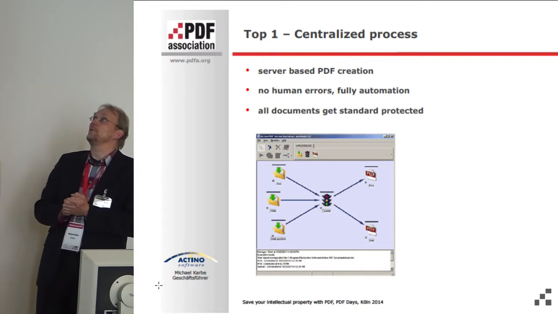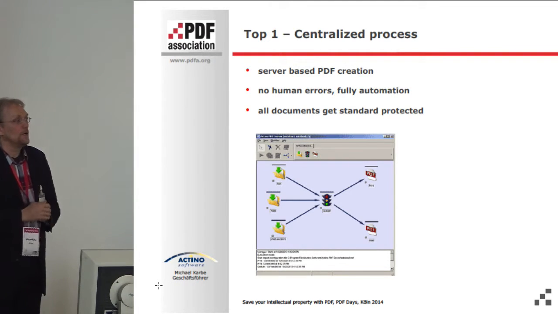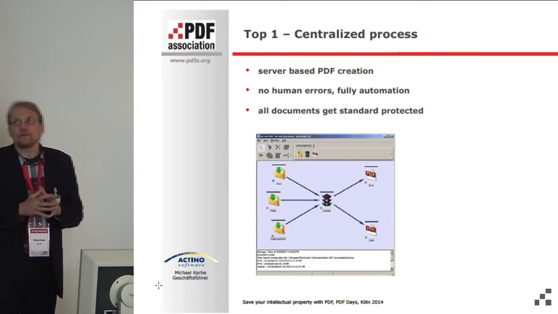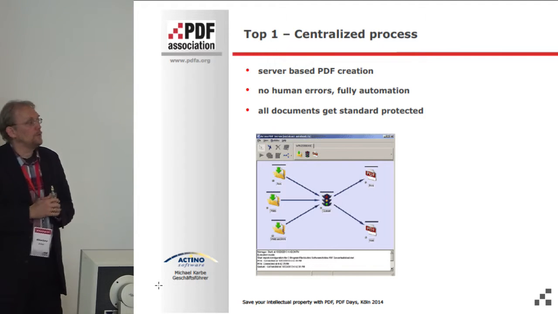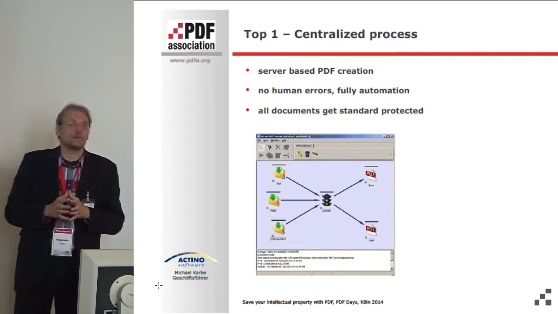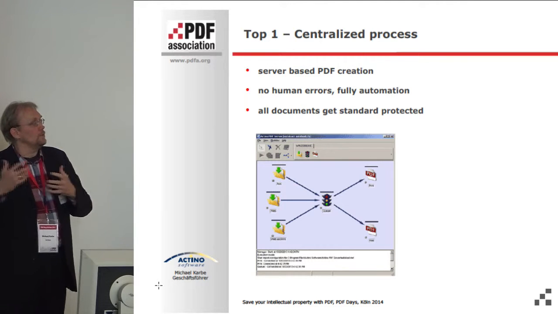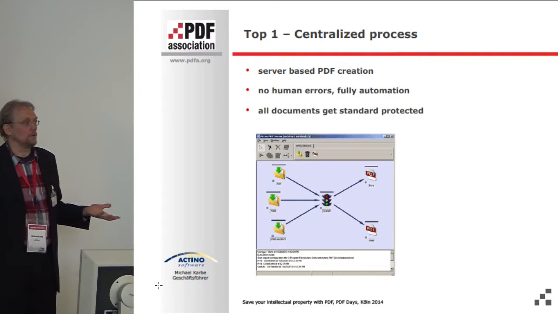Point number 1 is about centralization. When you talk about security, the first question is always to set up a server process to control the results, to address automation of processes, to simply avoid human errors.